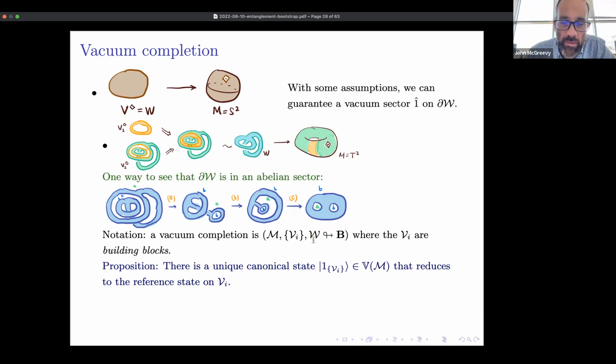So this thing is the manifold minus potentially a bunch of holes. Given those ingredients, there's a unique canonical state, a pure state in the fusion space of that manifold. That is, the information convex set of the manifold is the state space of some vector space, and that reduces to the reference state on the building blocks.